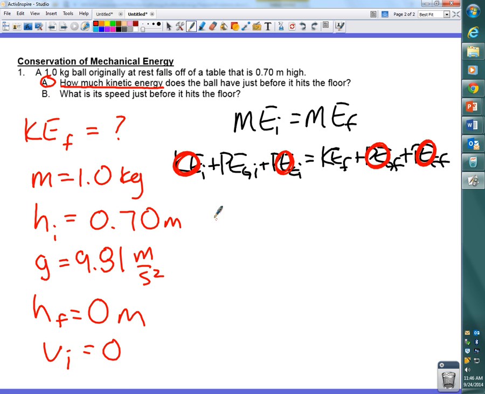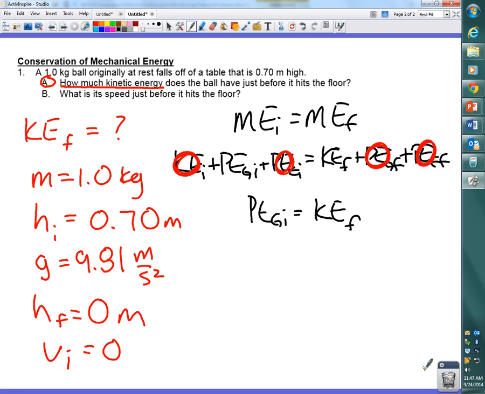So now, this equation, again, first we made it more detailed, but now we're going to actually make it simpler. Because after we got rid of all the stuff we needed to get rid of, because it was 0, this big long equation simplifies down into this. Okay?